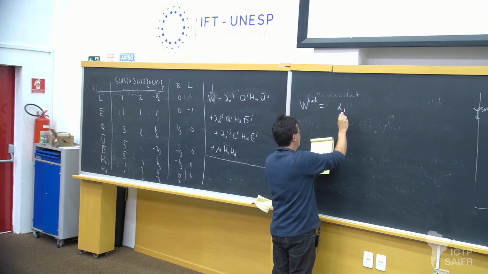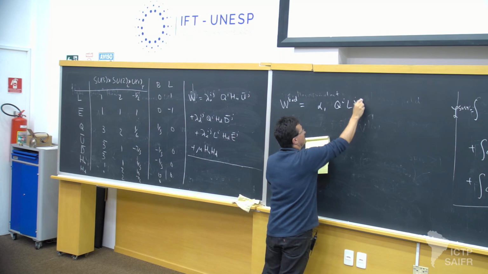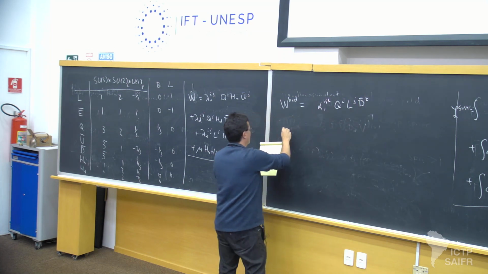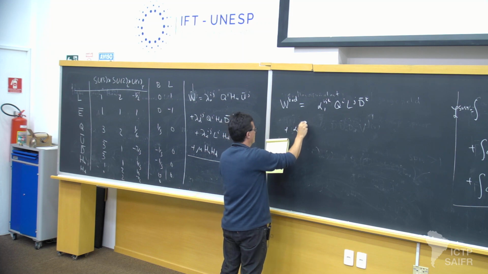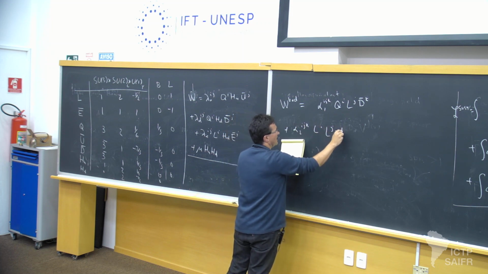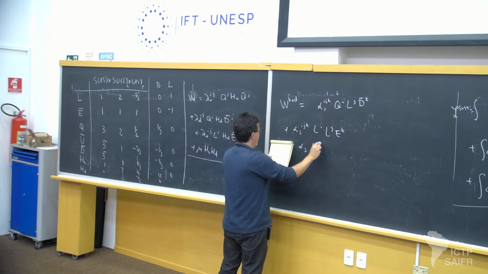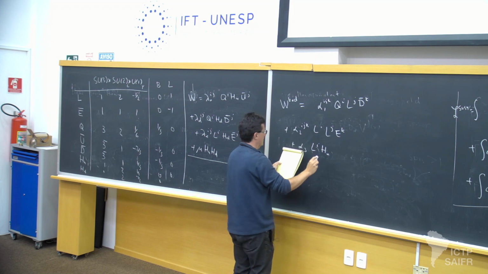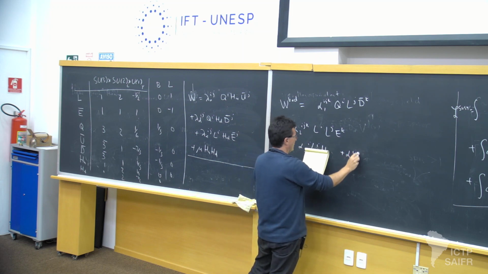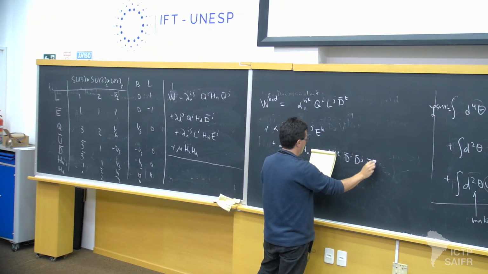Let me call this alpha 1, ijk, qi, lj, d bar k, and then it has some coefficients, and then alpha 2, ijk, li, lj, e bar k, plus alpha 3, i, li, h up, plus alpha 4, ijk, d bar i, d bar j, u bar k.